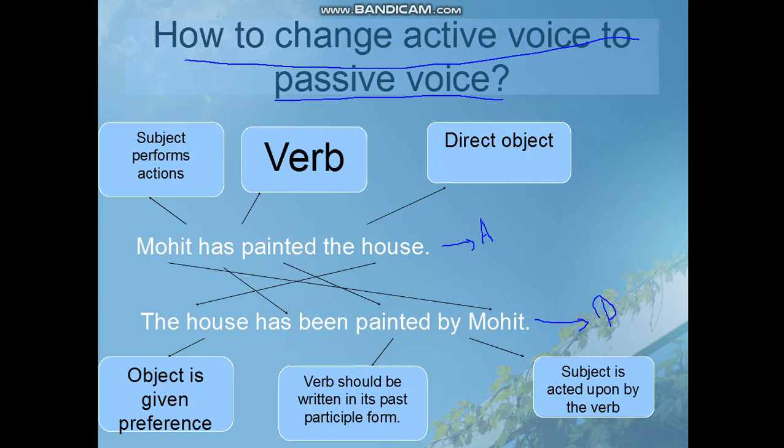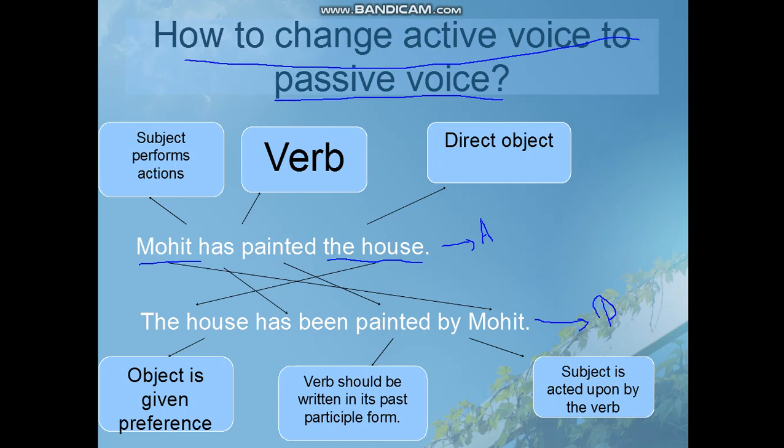Now, what have we learned? In the active voice, the subject gets more preference, thus it is written at the start of the sentence, and here the house is the object, so the object ends the sentence. Here Mohit has been given more preference. We have written Mohit first, so we understand, yes, Mohit has painted the house.